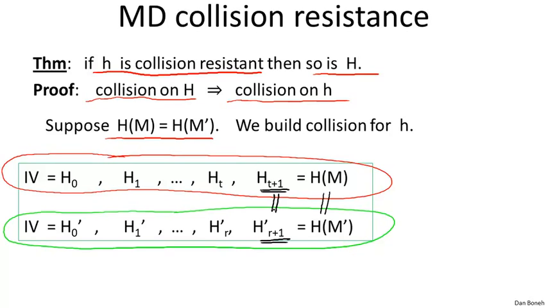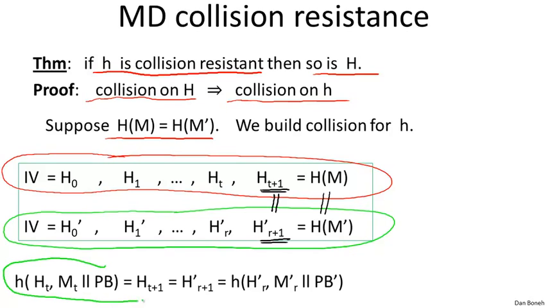So now let's look carefully how H t plus 1 and H prime r plus 1 were calculated. Well, H t plus 1 is calculated as the compression function applied to the previous chaining variable along with the last message block of m, including the padding block. You notice here I'm assuming that the padding block fits with the last message block of m. Even if the last padding block is in its own block, it's not going to make any difference.